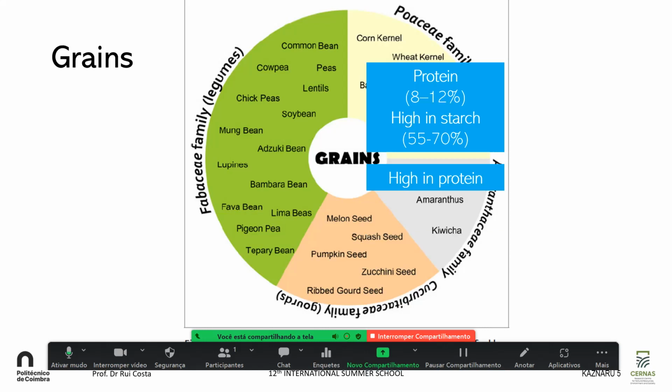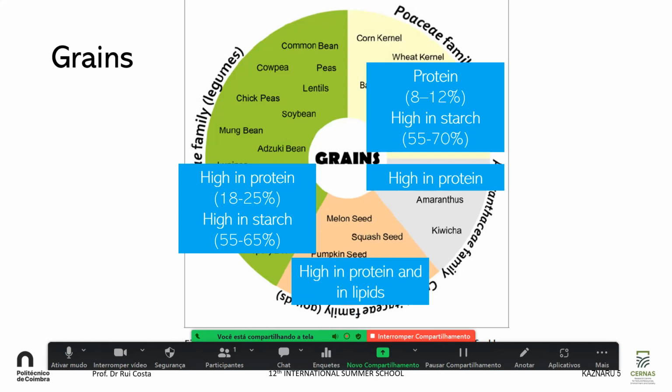The second family is high in protein, which is not so common. Also, pumpkin seeds and this third family are high in protein and lipids. They are also not so common. Finally, the family to which I will speak, the legumes family.